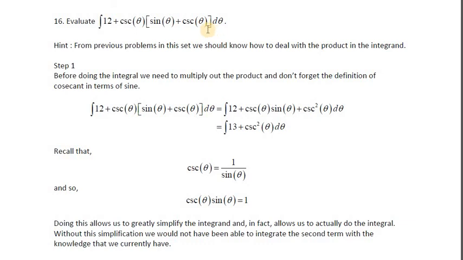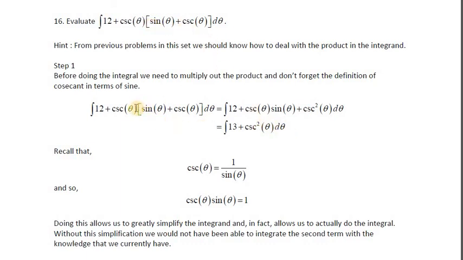Initially it is not directly integrable, so we have to simplify it a little bit. If we multiply by this, that is, open the bracket, then you will have it in its expansion form like this.